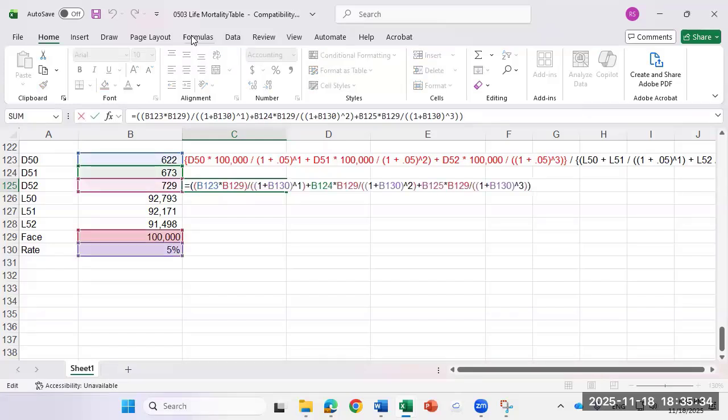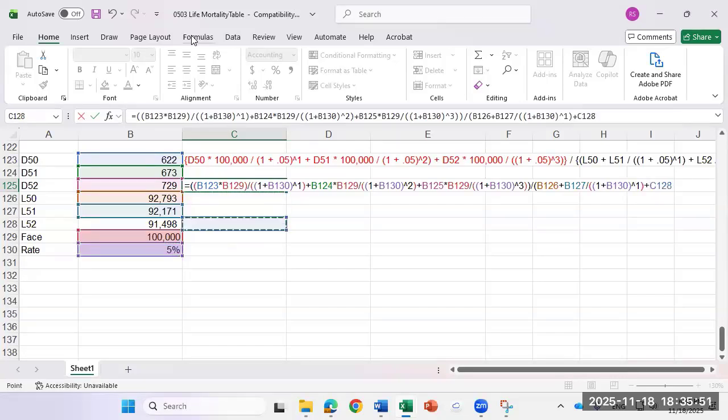We're going to divide that by L50 plus L51 divided by 1 plus the rate raised to the first, plus L52 divided by 1 plus the rate to the second. Good.